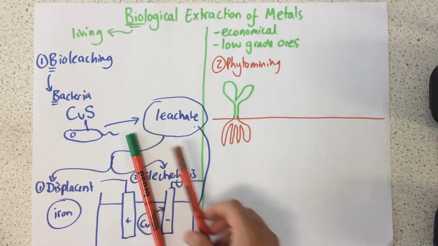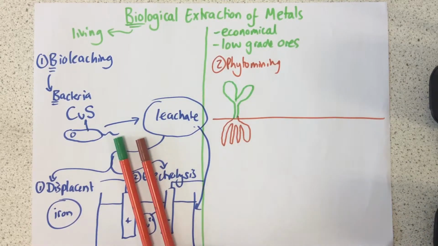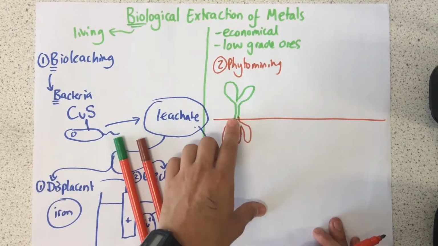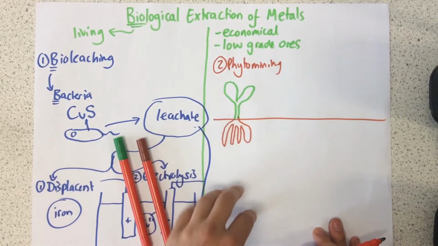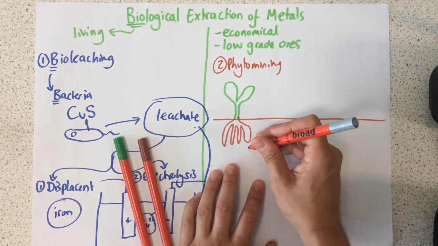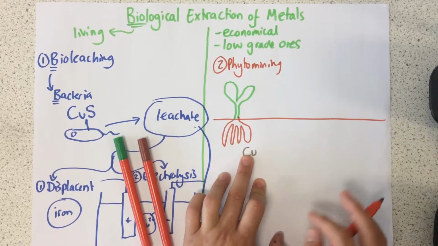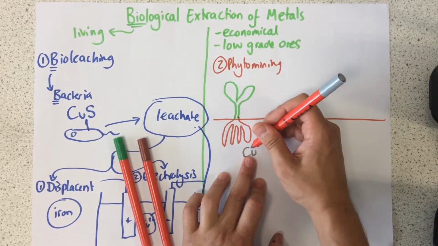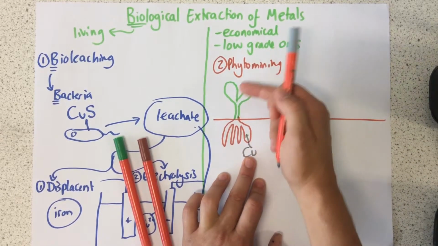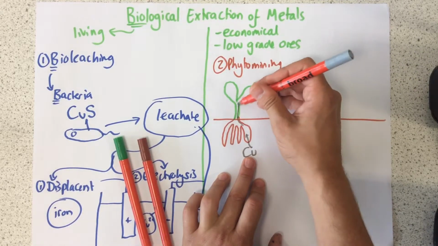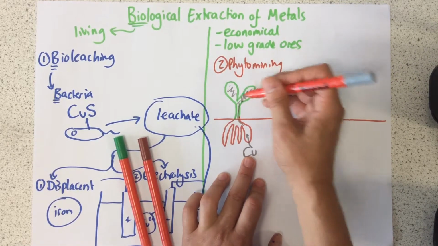So in phytomining, let's say we're trying to get copper. What we do is we plant these plants in a region where we know there's a lot of copper or copper ore. Now what happens is little quantities of this copper will be absorbed through the roots of the plant, and then be transported throughout the plant and be stored within the plant.